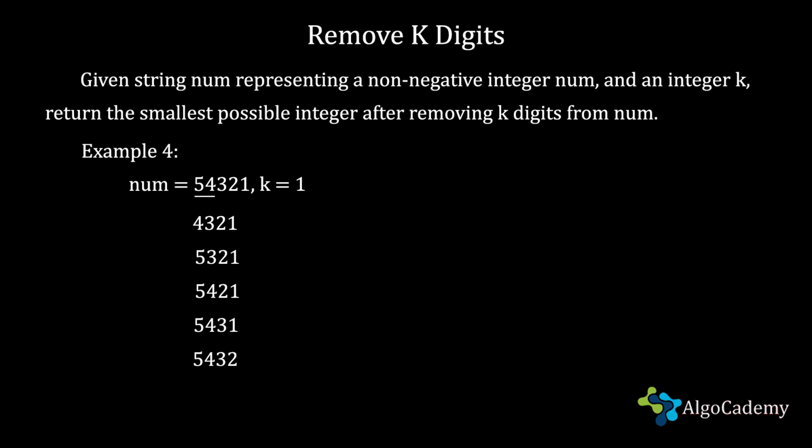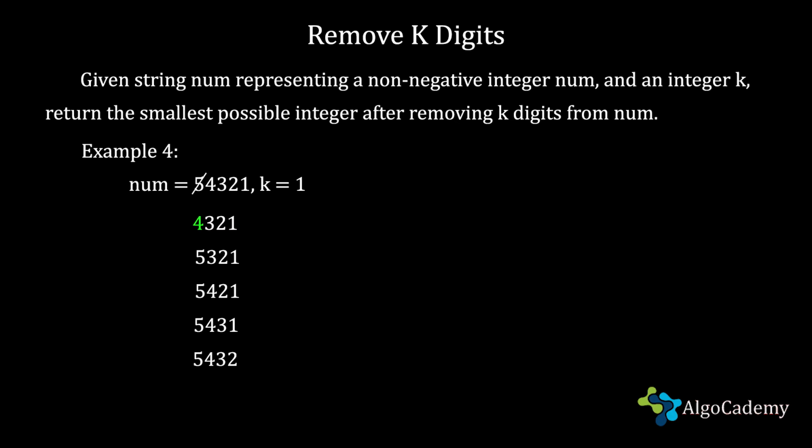By only looking at the first two digits, we can already know that removing 5 is optimal, no matter what the other digits are. Because if we remove the 5, in the worst case scenario, our number will start with a 4, so it's gonna be 4000 and something.